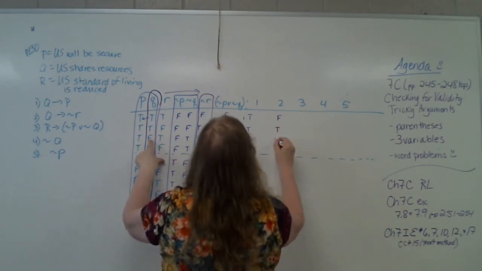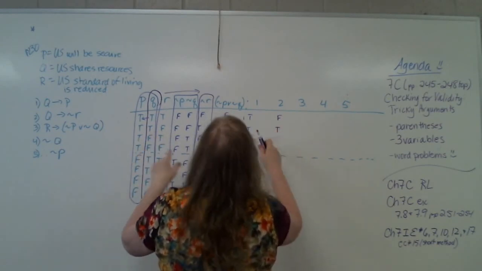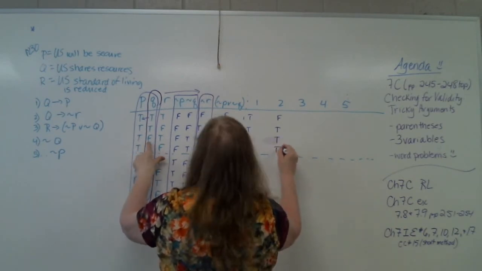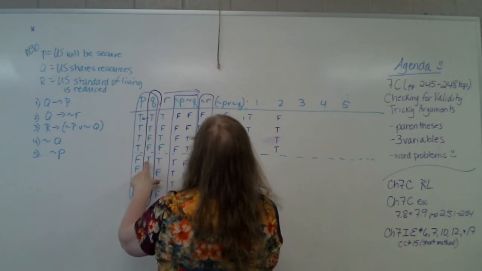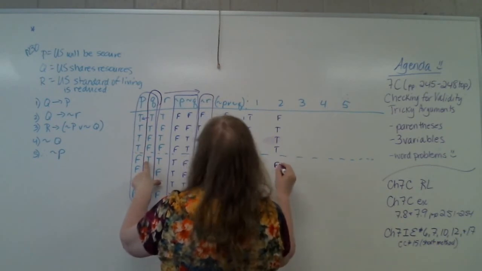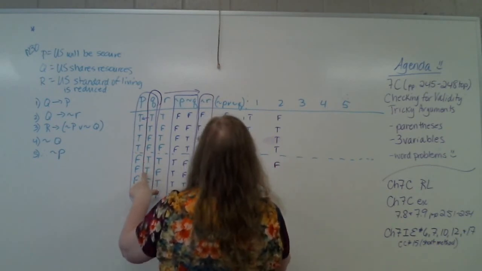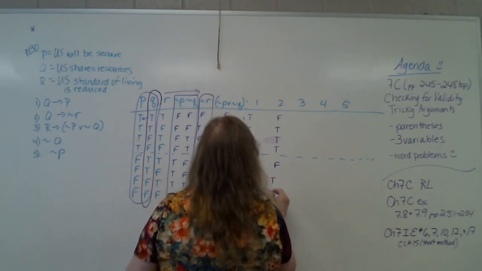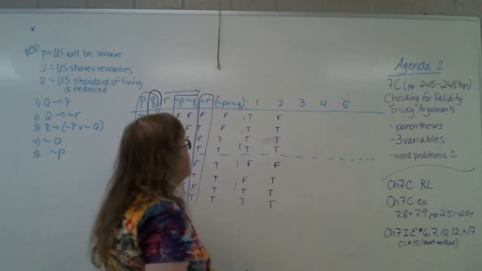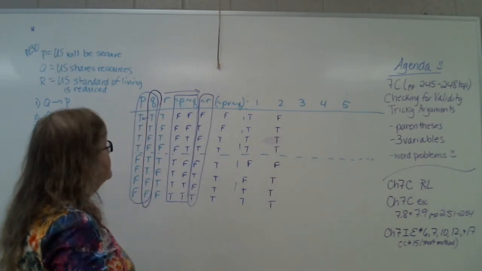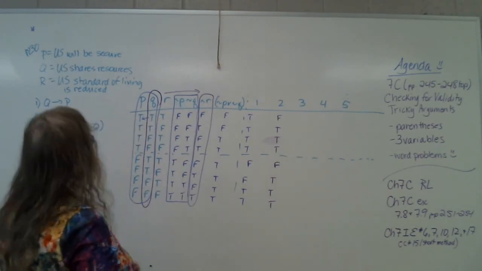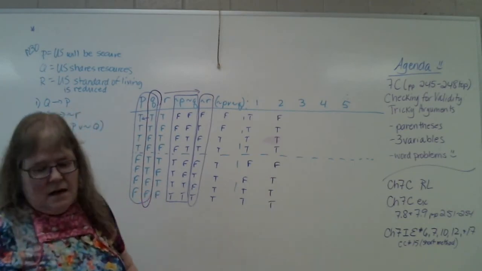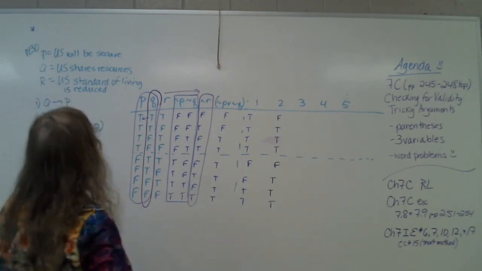If you start with false, you always have a true. Okay? True to false is false. True to true is true. False. There you go. Okay? Not too horrible. 3. This is our horrible one. Not really horrible, but still.